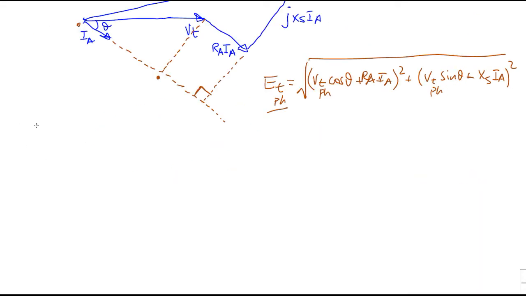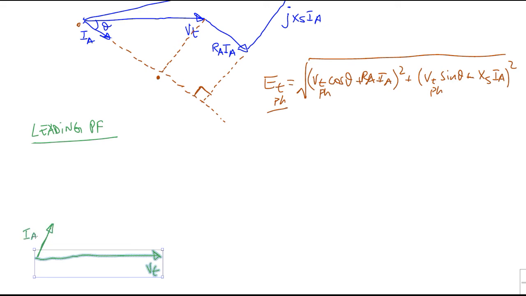Now for a leading power factor, let's represent our graph like this. This is VT. The current is leading.